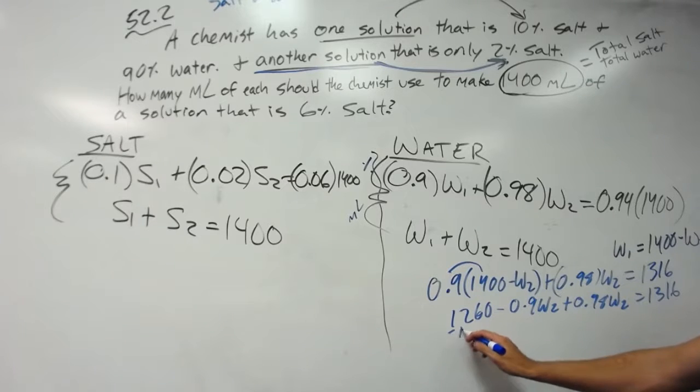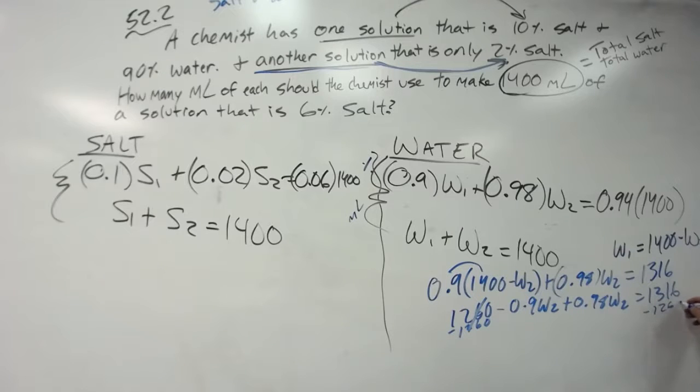Subtract 1260 to get, oops, put that wrong. 1316 minus 1260, 56, equals negative 0.9 plus 0.98 is 0.08 water 2.